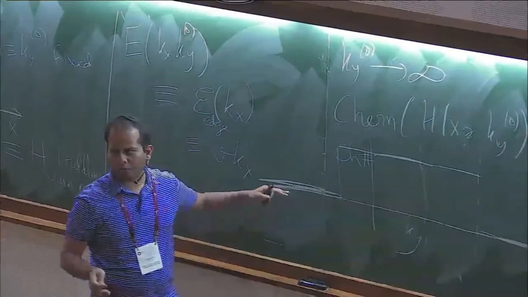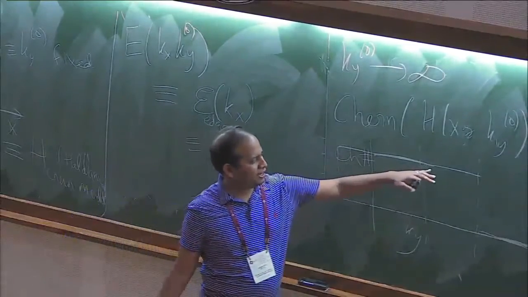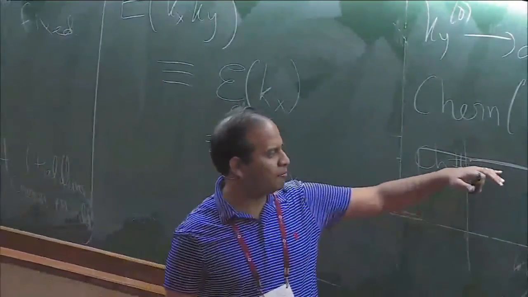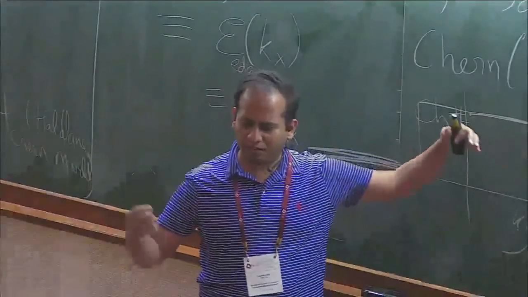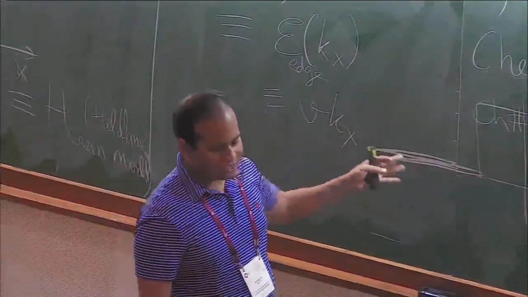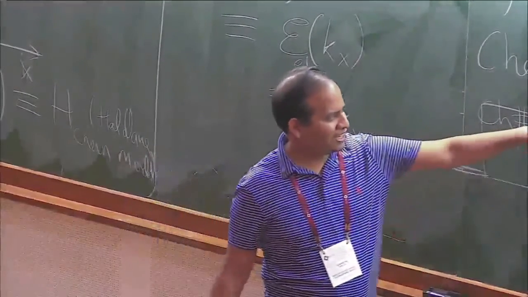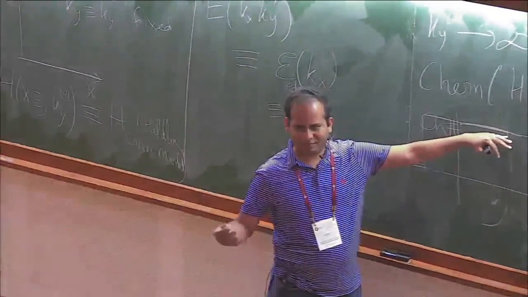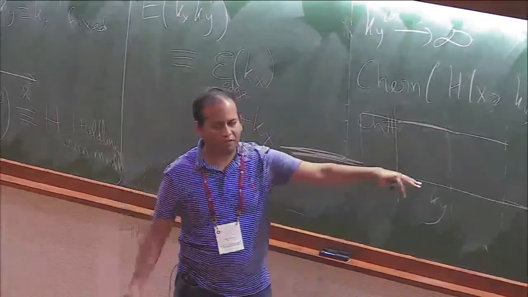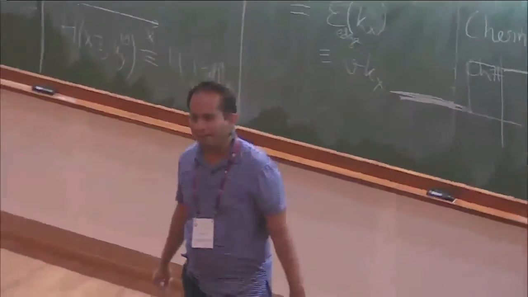So as ky goes to infinity or minus infinity, it should go to 0. I'm imagining that it has some non-zero value in the middle, but it has 0 beyond some point. The fact that it is non-zero somewhere is an assumption. I'm imagining I cooked up a Hamiltonian which does that. But the fact that it has to be 0 eventually is sort of a requirement.